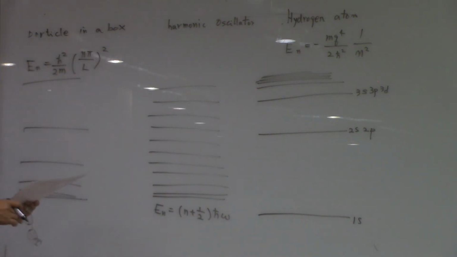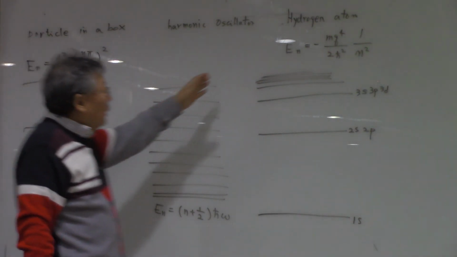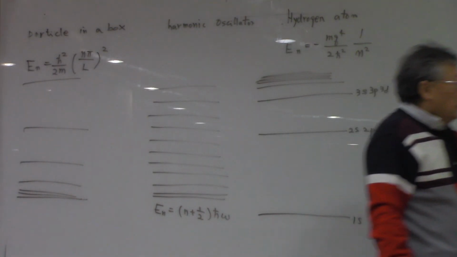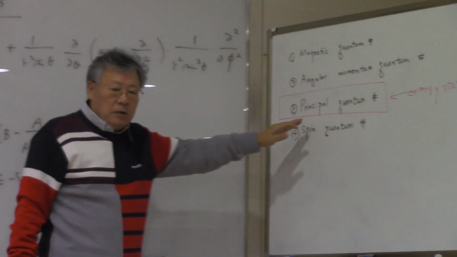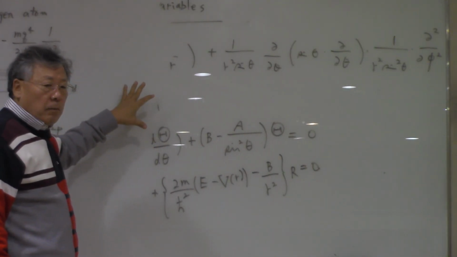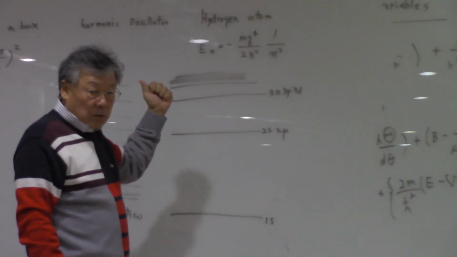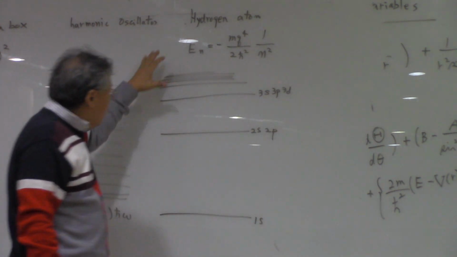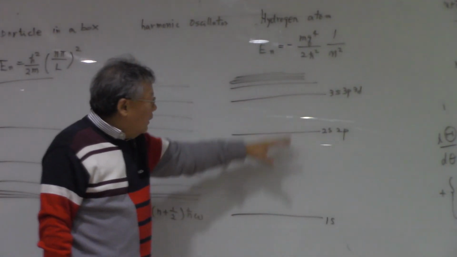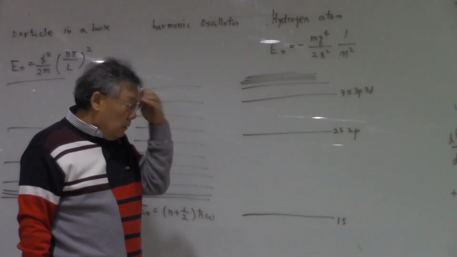The energy separation is going to look like that, which is quite different from the other two cases, right? We are going to get this principal quantum number from the equations coming from the Schrödinger equation by separation of variables. So next Monday, we're going to get these eigenvalues.